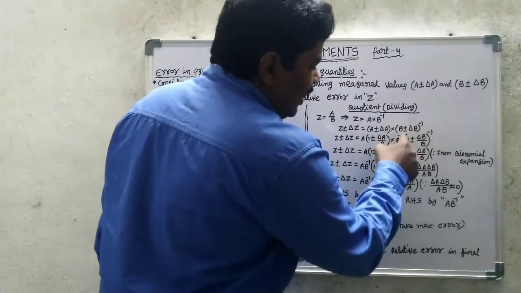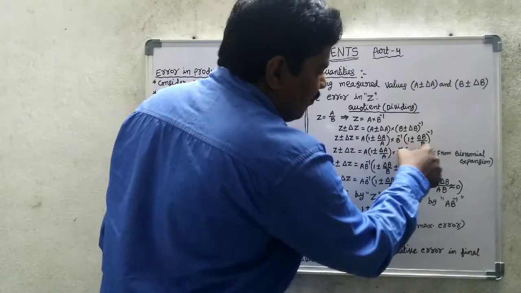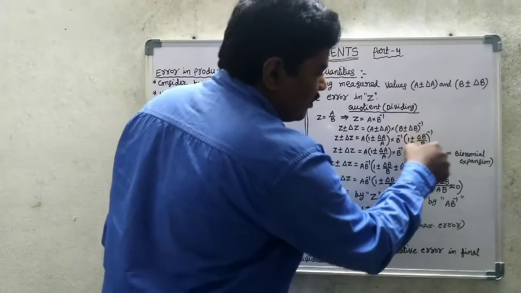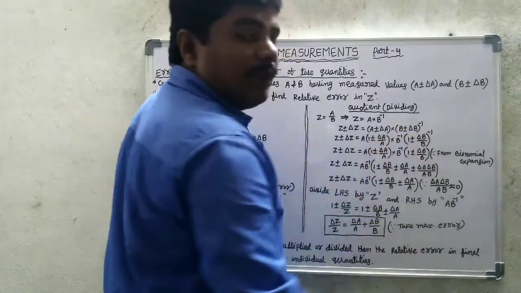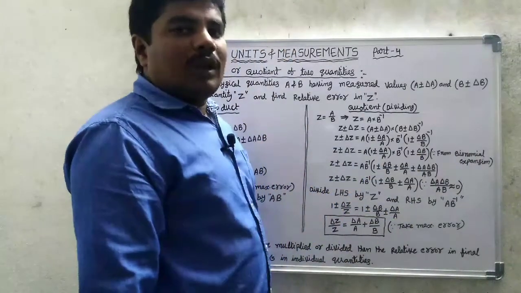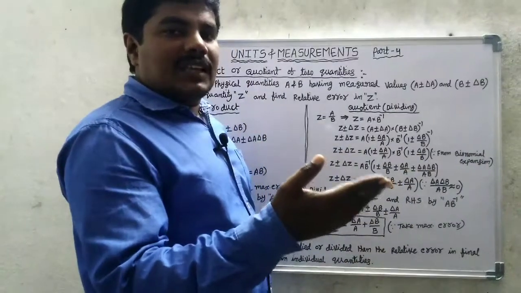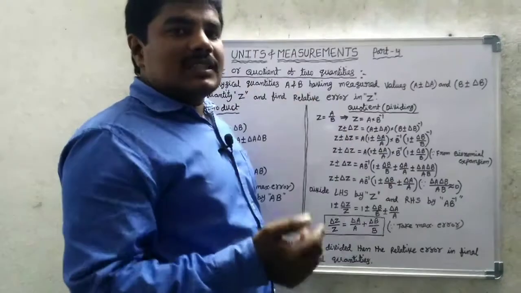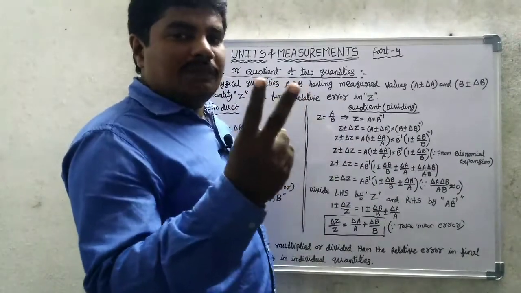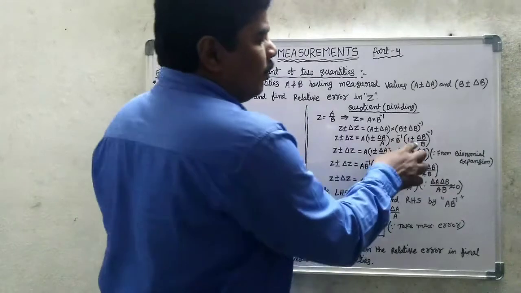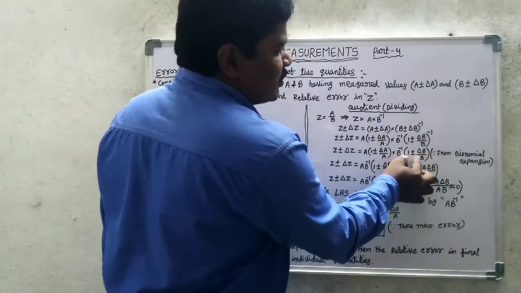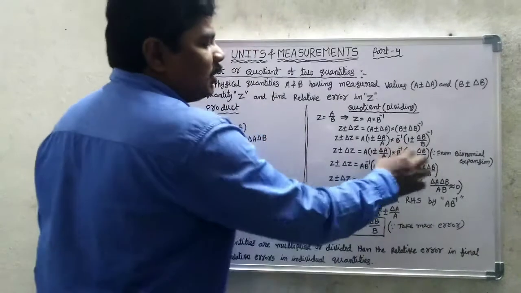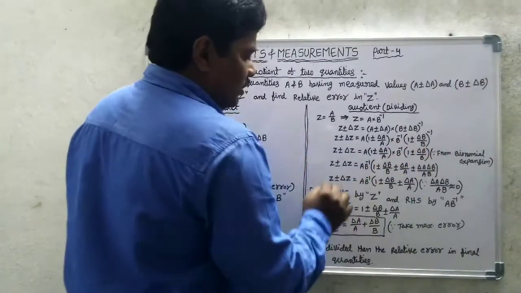When we apply the binomial theorem for this term, we get 1 plus or minus delta B by B. 1 plus x whole to the power of minus n is equal to 1 minus nx. We take only the first two terms. So by applying the binomial theorem, we get this one. Now we multiply these terms.